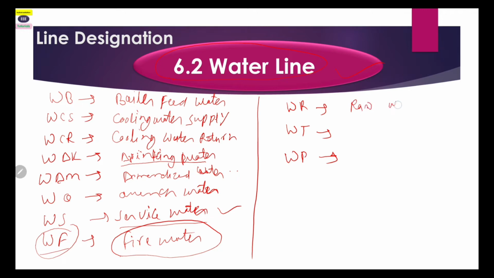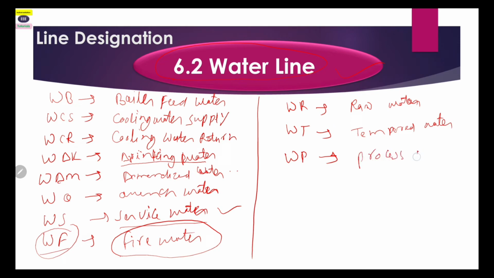WR, this is raw water. Raw water is also used in the raw plant and it is supplied to other areas. WT simply means tempered water. And WP is processed water.